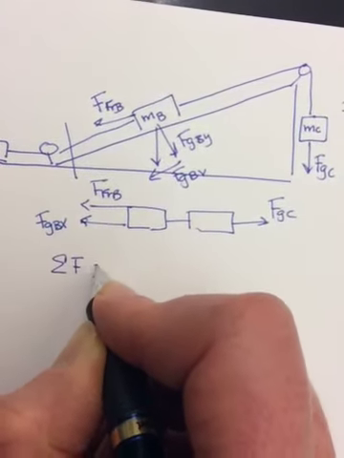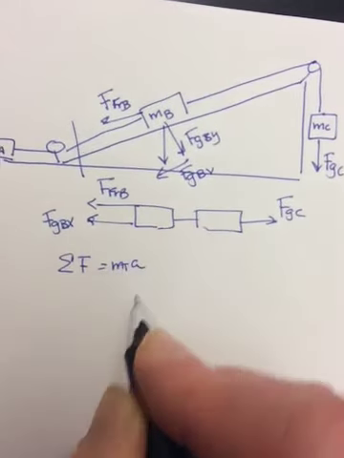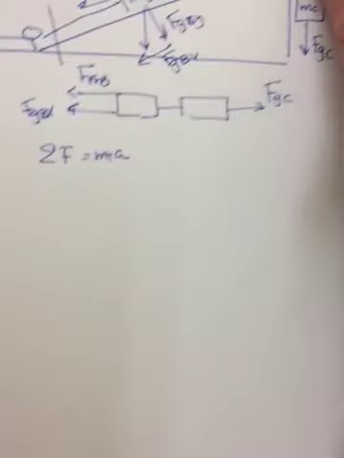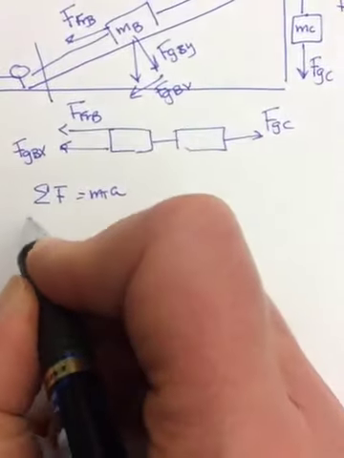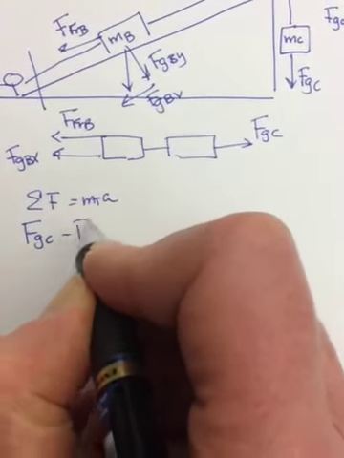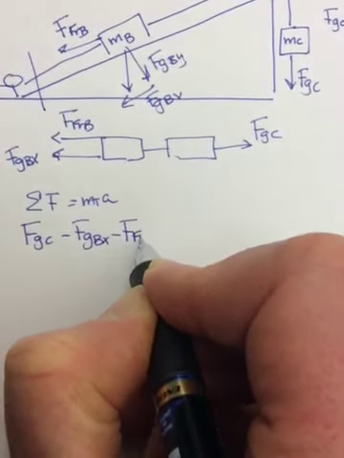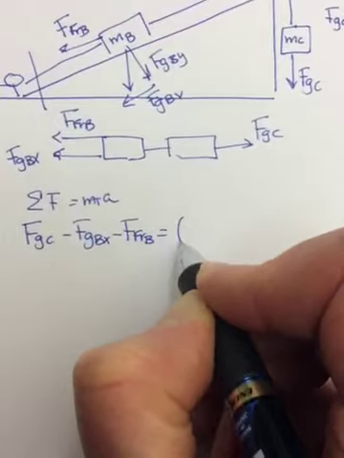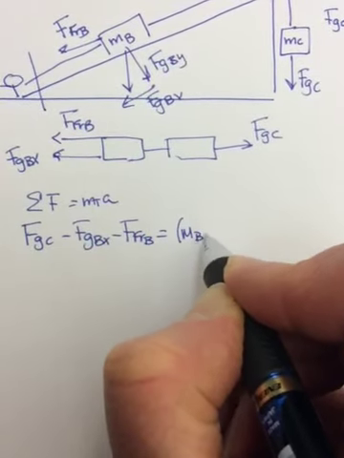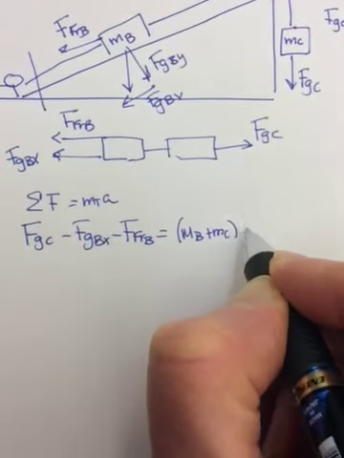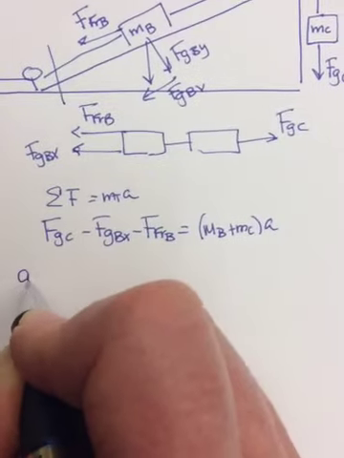Okay, so sum of the forces will equal M total A, and so it'll be FGC minus FGBX minus friction on B is equal to MB plus MC times A, and we're solving for A.